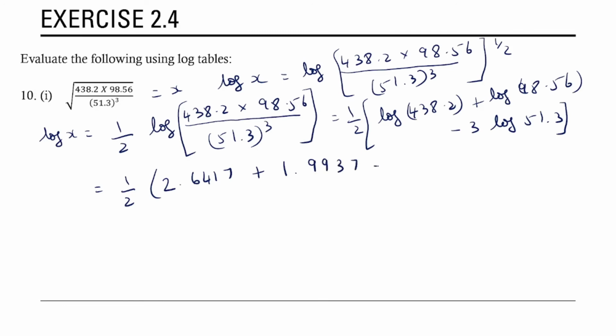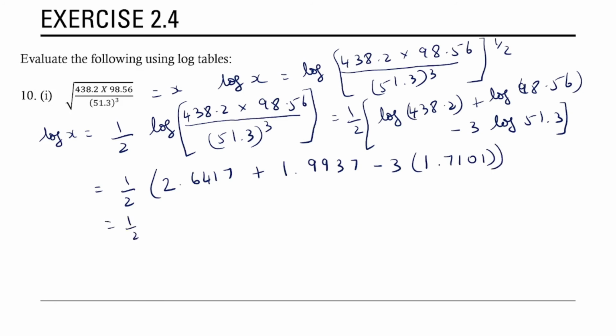1.9937 minus 3 into log 51.3 will be, integral part has got 2 digits. So the characteristic is 2 minus 1, which is 1. So it is 1.7101.